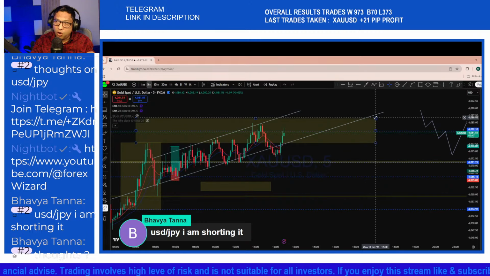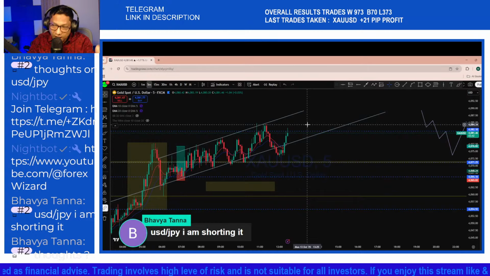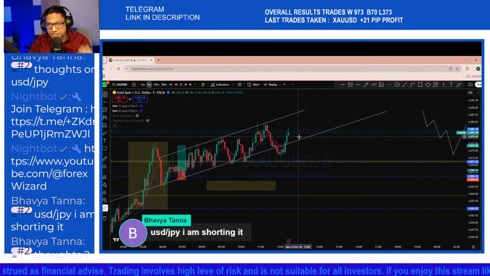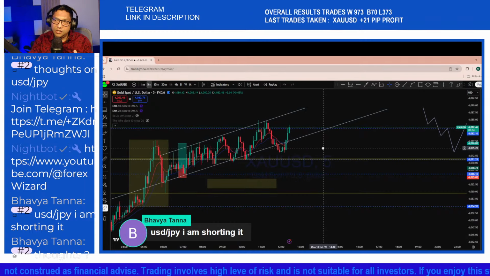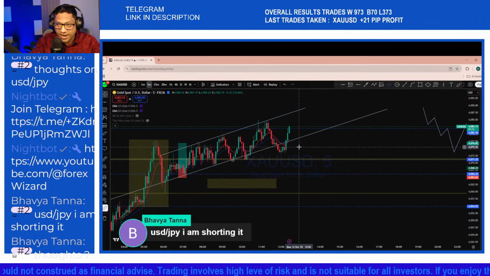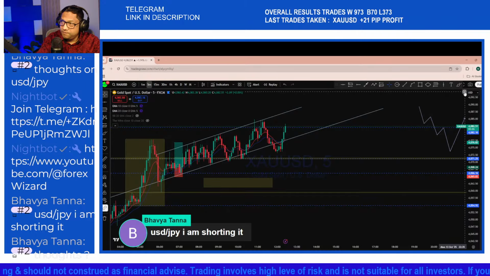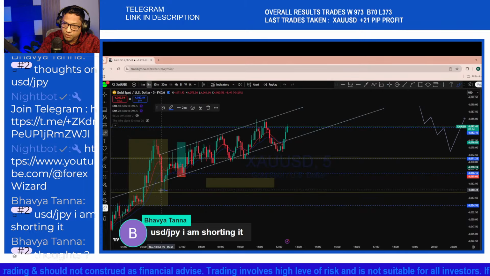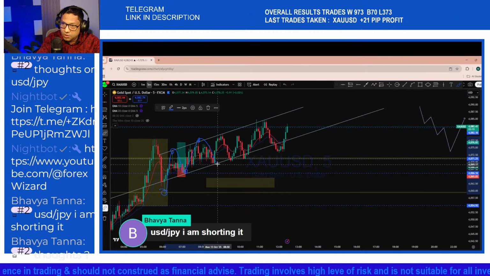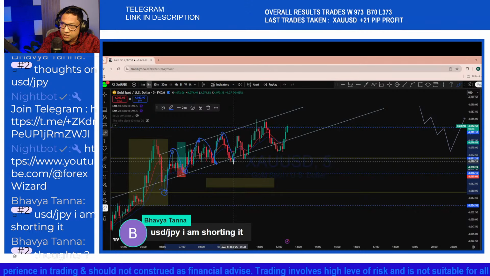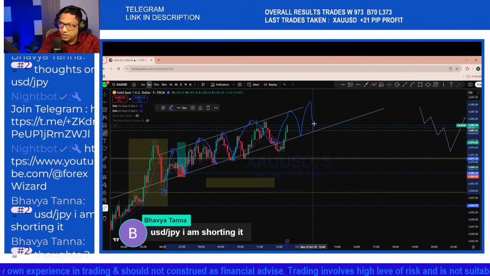The possibility for a further deeper pullback is higher, and also we could see a new higher high, but the possibility here is that this market deepens this pullback, as if we look at this channel, it is already quite a bit. This channel from here made a move back to the upside, dropped to that support. So the market is maintaining a series of higher highs and higher lows, which is an uptrending market.